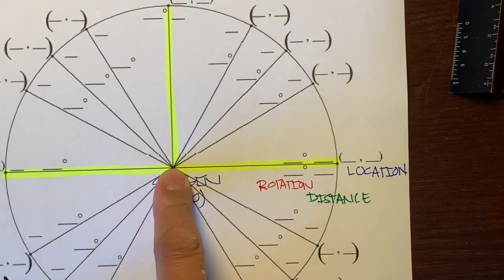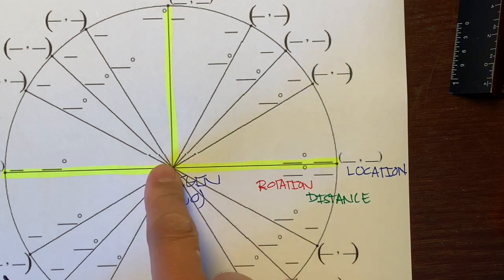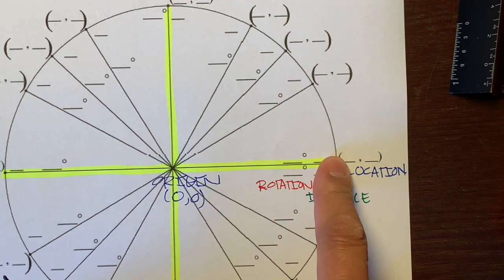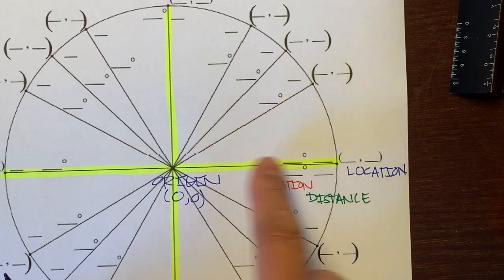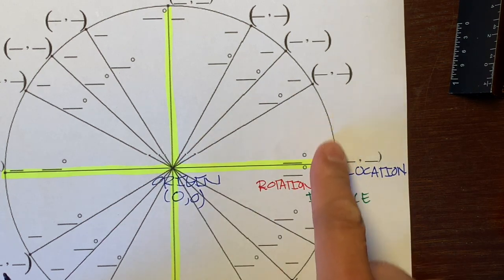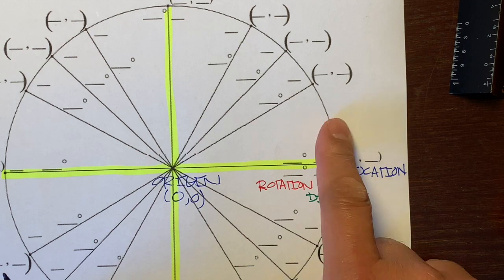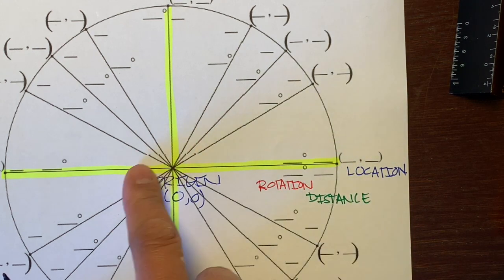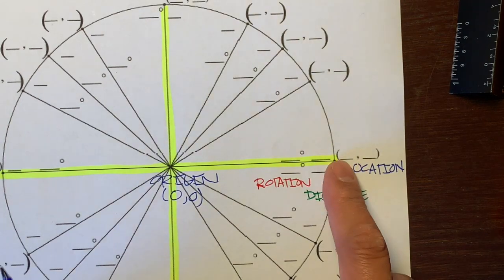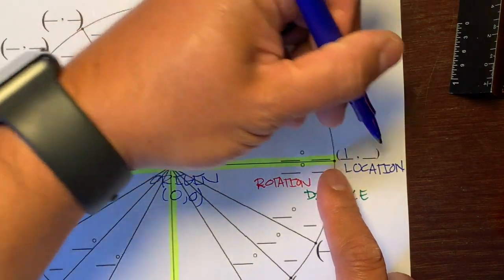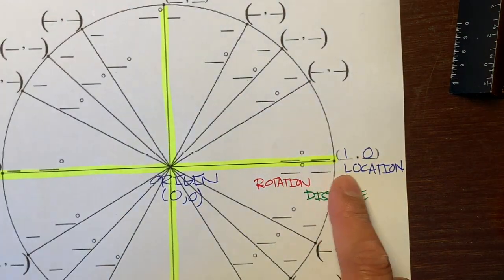So from here to here is 1 unit. What's the location for this value right here? Well, we didn't go up vertically or down. We just went to the right. So here are our first two values: 1, comma 0.